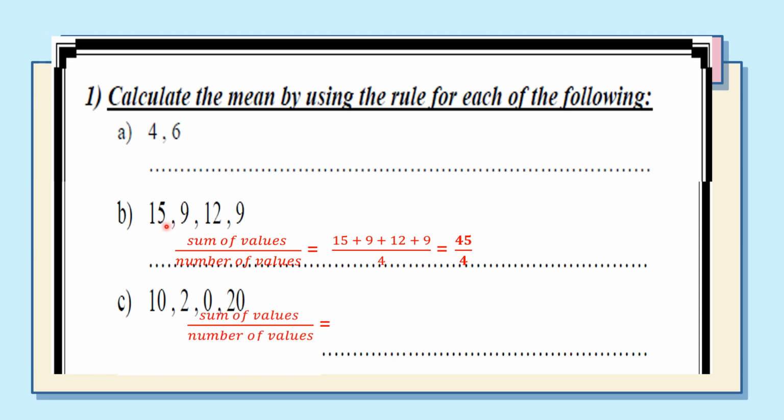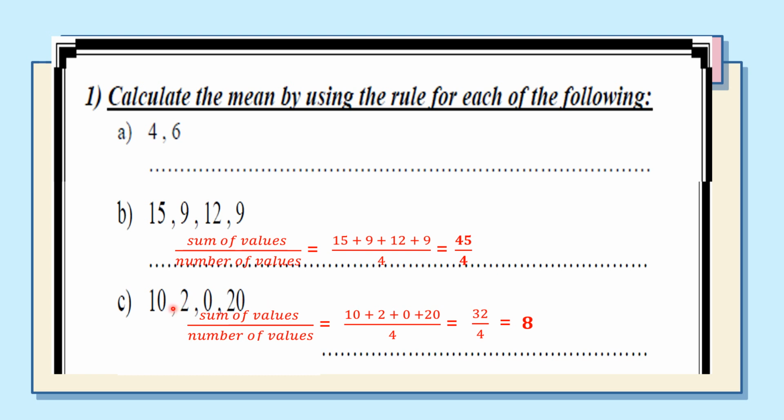In letter B, we have 15, 9, 12, 9. So the mean equals the sum of values over the number of values. Sum of values means 15 plus 9 plus 12 plus 9. Over, we have here 4 values, 1, 2, 3, 4. So the denominator will be 4. If we calculate it, it will be 45 over 4.